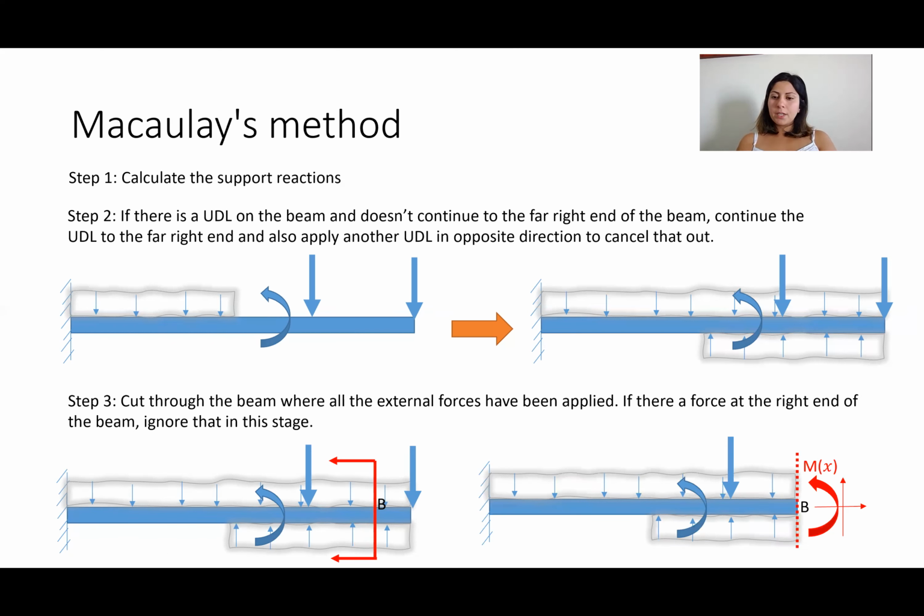If you remember, we discussed cutting through a beam or any structural element. Wherever you have a cut, you will see three different reactions coming out, which are internal forces.